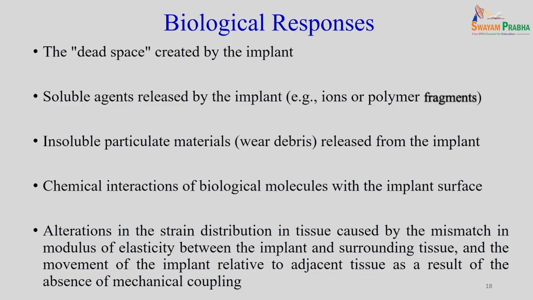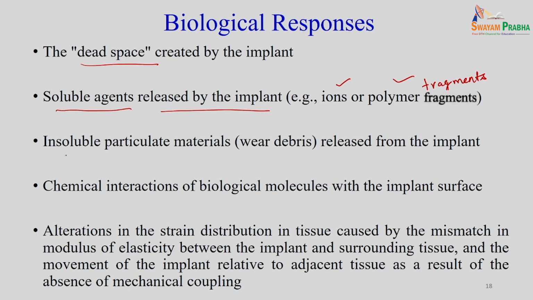What are the different kinds of responses that take place during the animal study? First, there will be a dead space created by the implant, then soluble agents will be released by the implant, like some ions or polymer fragments. It depends on the chemical composition of that particular biomaterial.